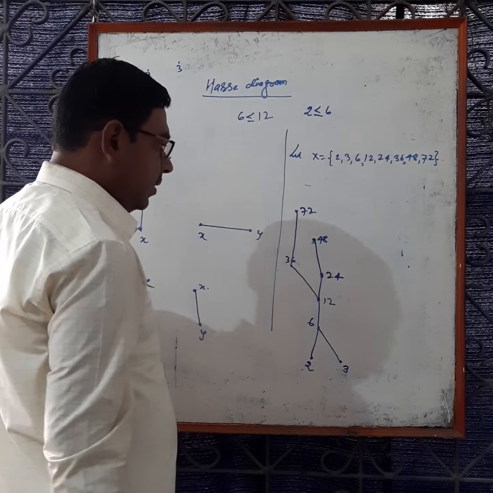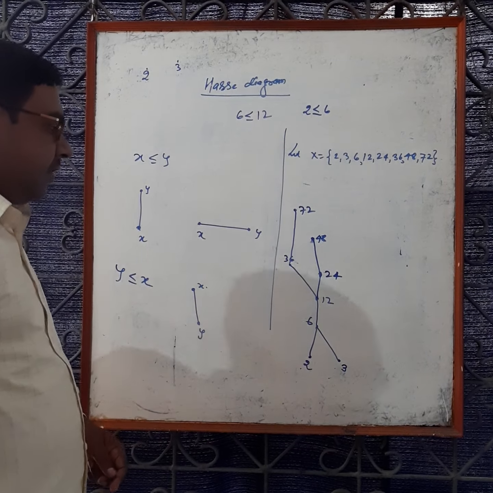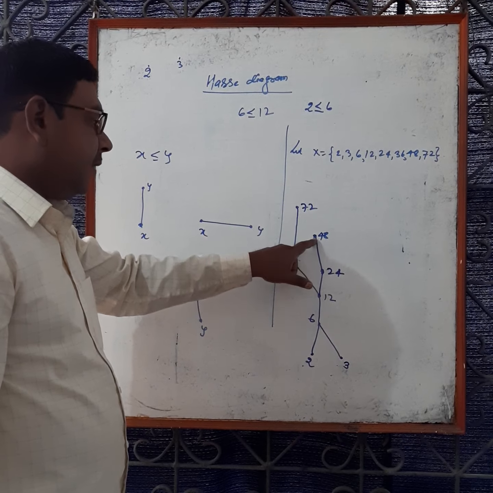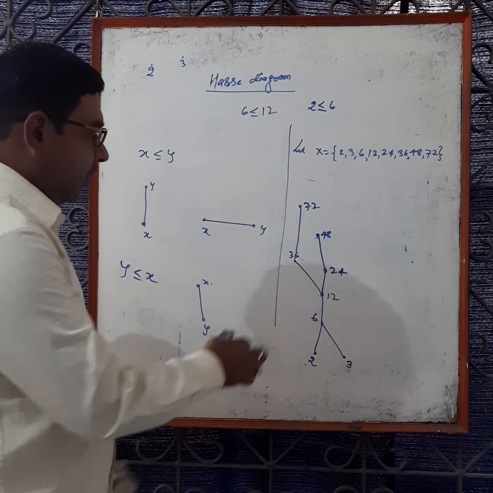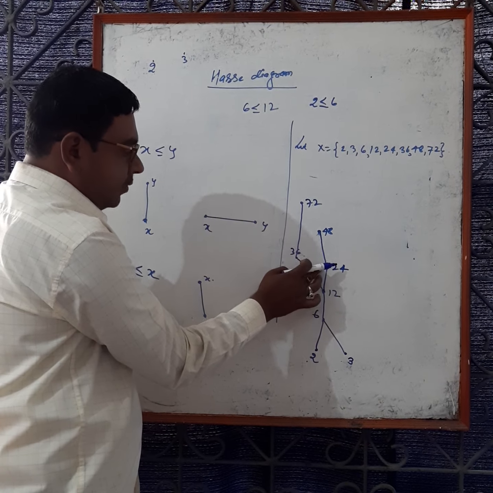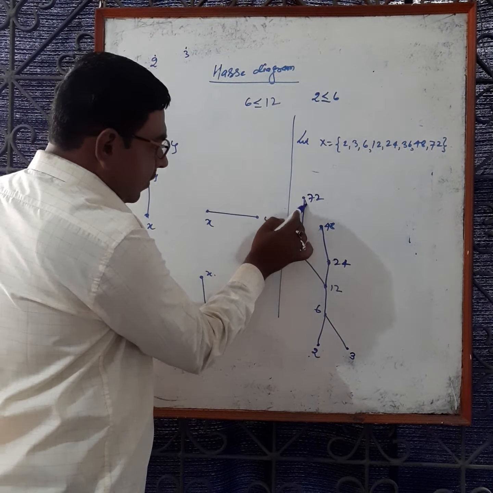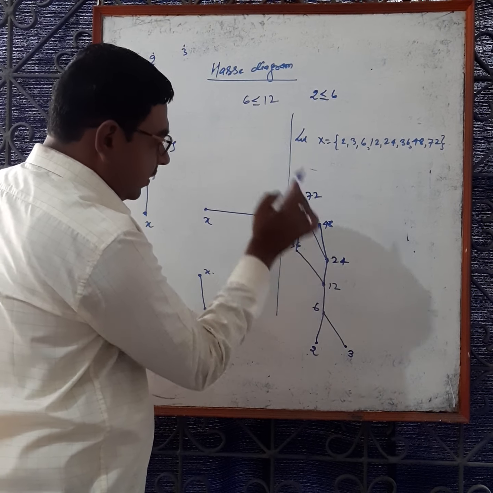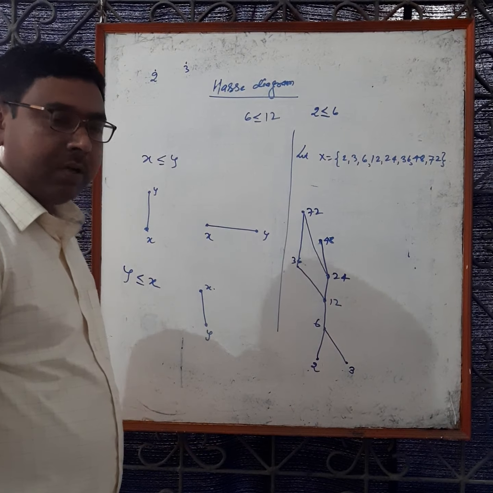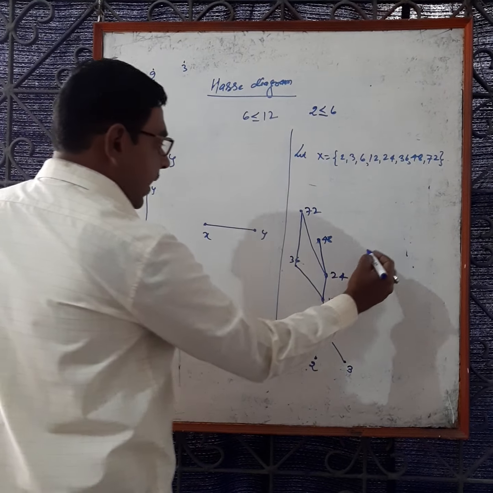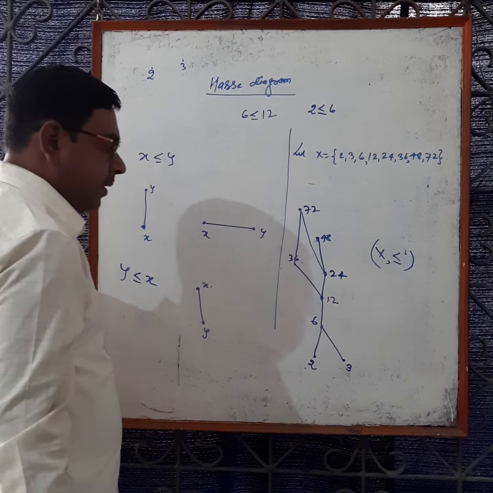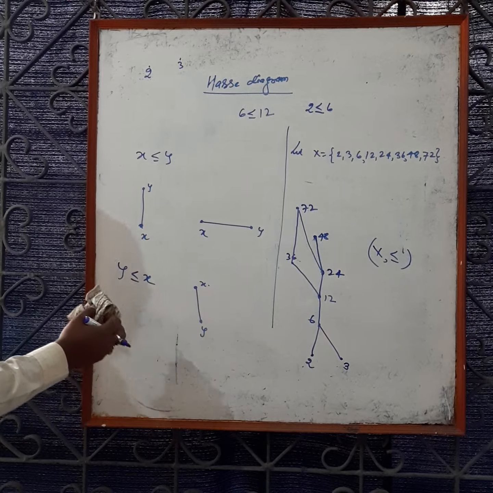Now, here we see that 48 does not divide 72, therefore there is no line between 48 and 72. 24 also divides 72, but we do not draw an edge between 24 and 72 because of transitivity. This type of representation is called the Hasse diagram of (X, ≤), where the relation works as division. Now we take another example.